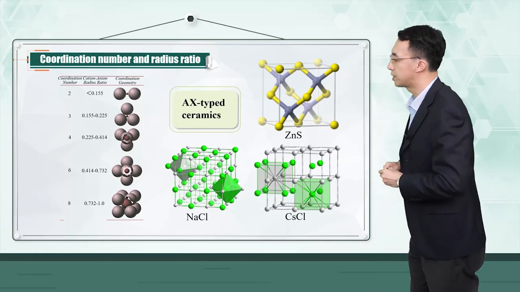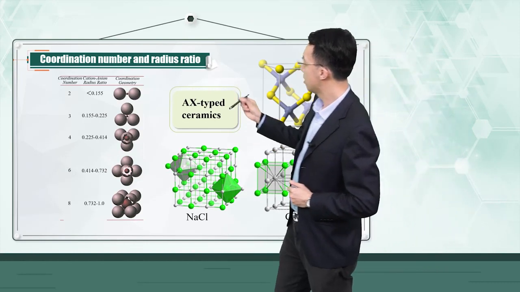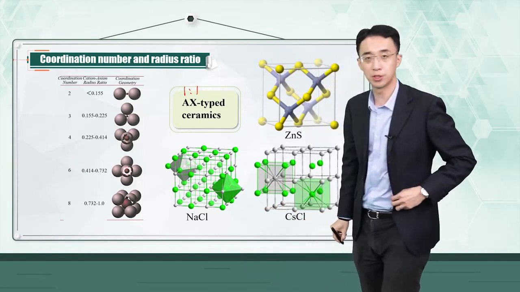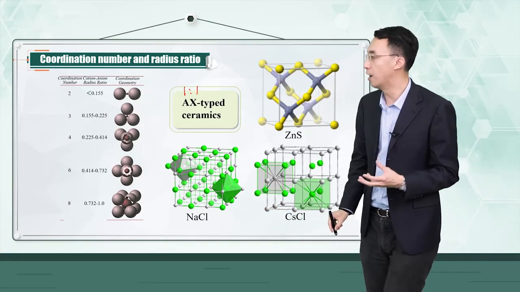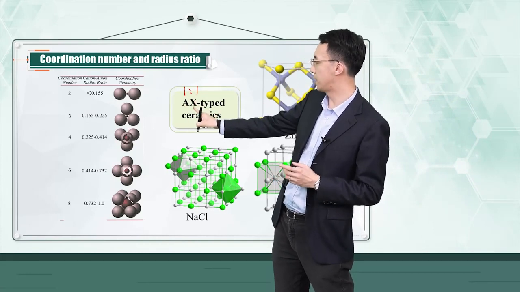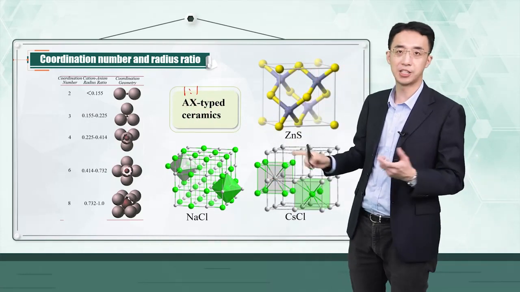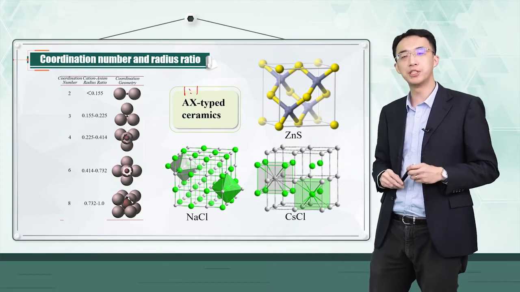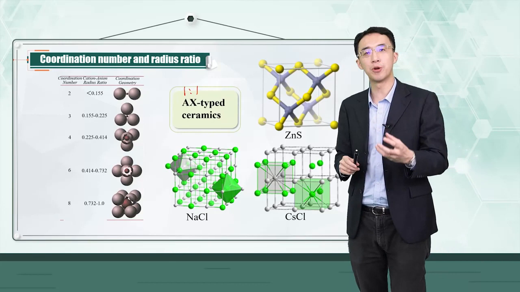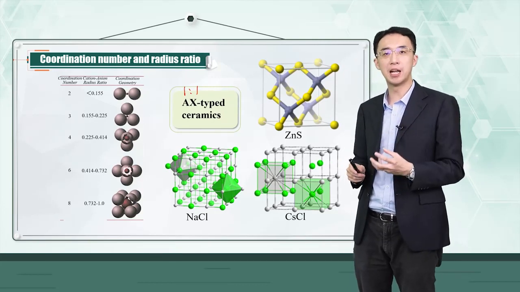Okay? So for example, in this most simple binary 1-to-1 ceramic crystal, which means you have one metallic element and one non-metallic element, so it's an AX type of ceramic, you may have different crystal structures based on the ratio between your metallic and non-metallic element radii.